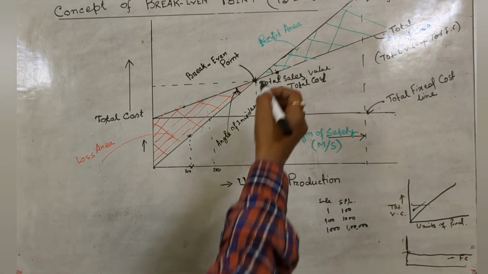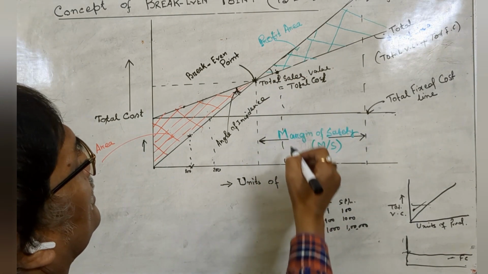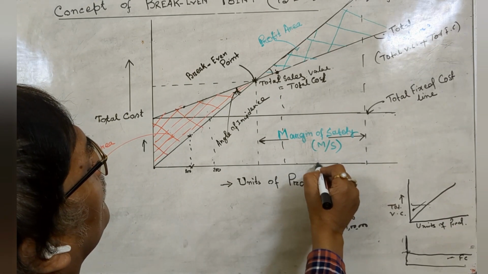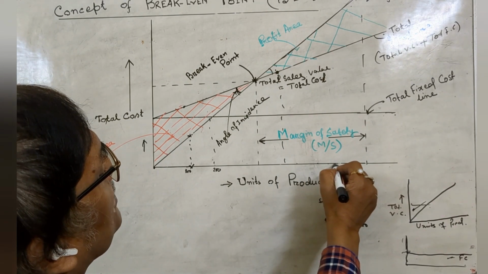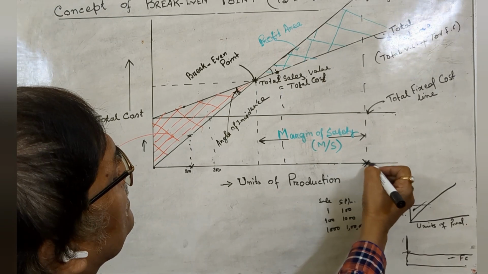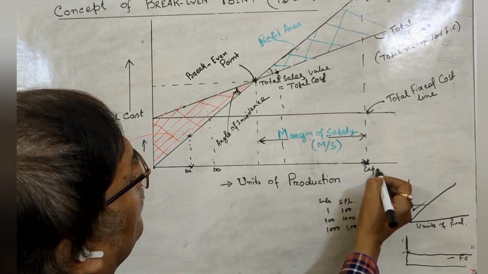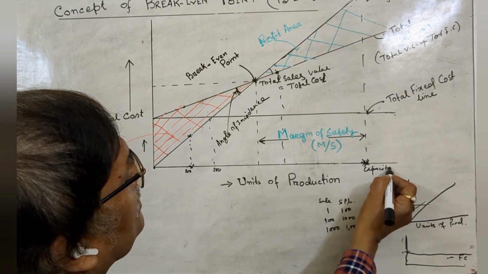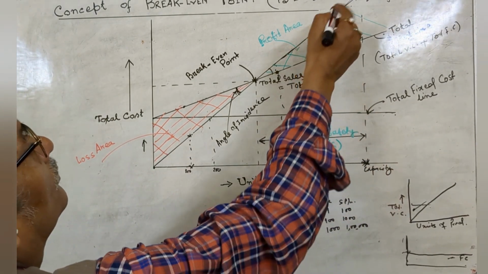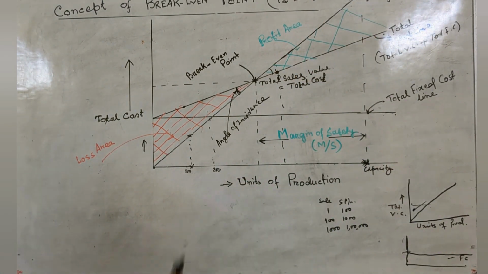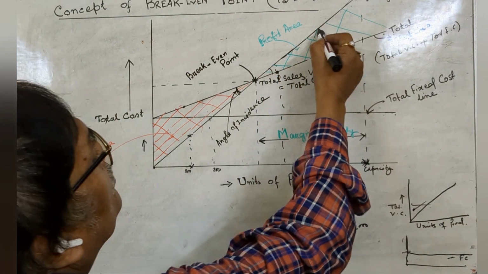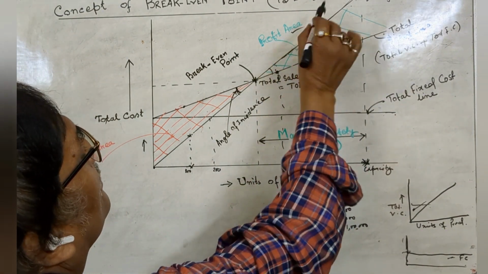If sales are higher than cost, that will be a profit. In this way, if you move to higher and higher levels of production till the full capacity of the firm or production unit, you will always be earning more and more profit. That's why this is the profit area which is shaded green.